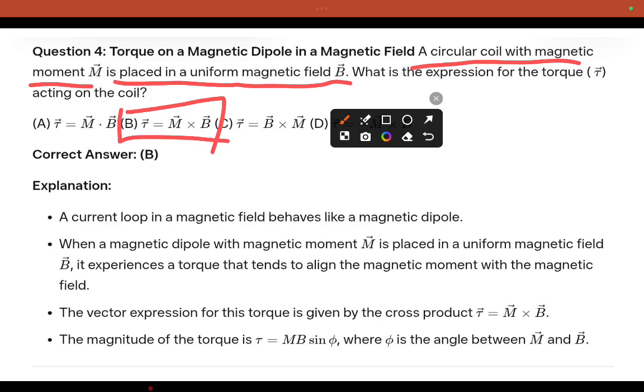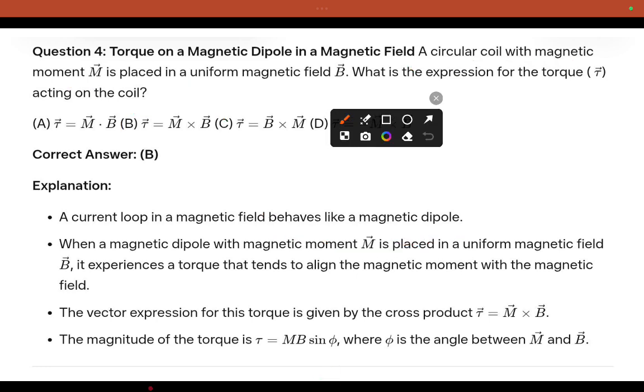A current loop in a magnetic field behaves like a magnetic dipole. When a magnetic dipole with magnetic moment M is placed in a uniform magnetic field, it experiences a torque that tends to align the magnetic moment with the magnetic field.